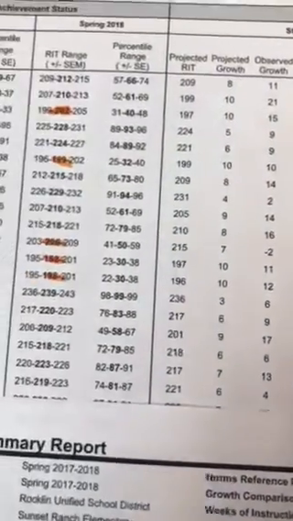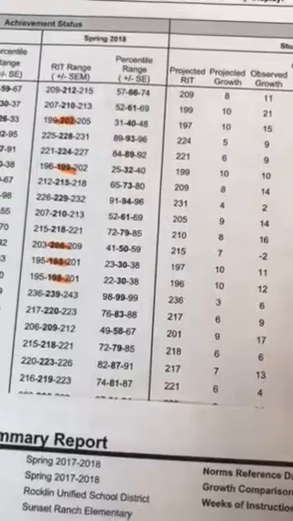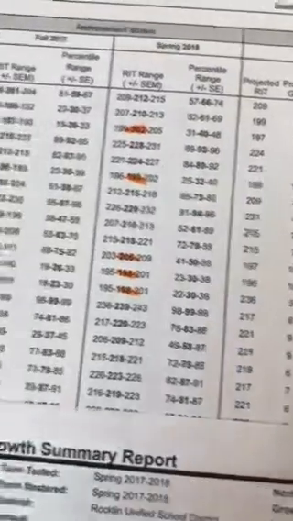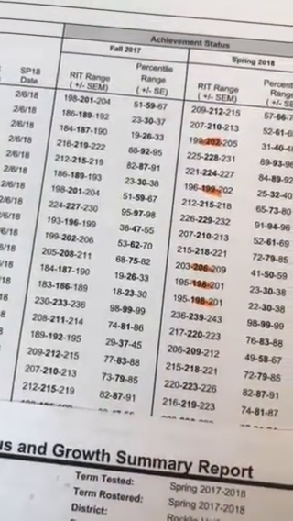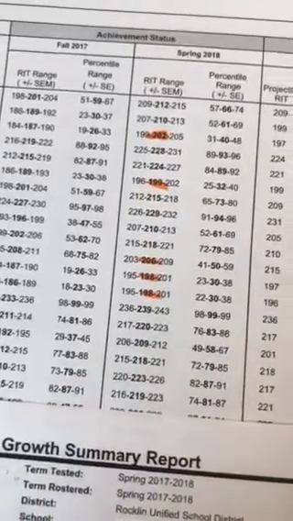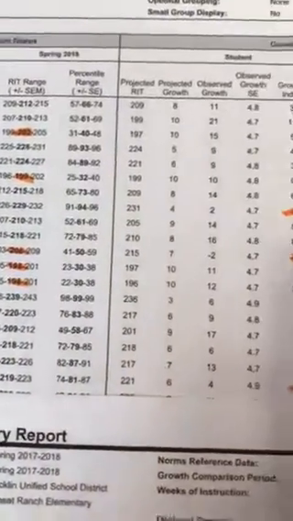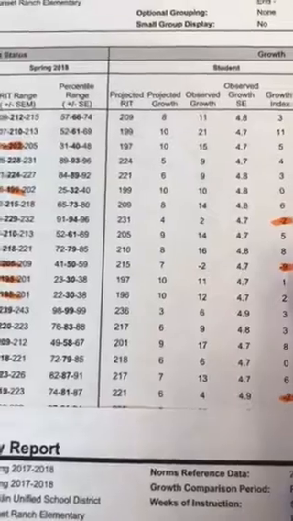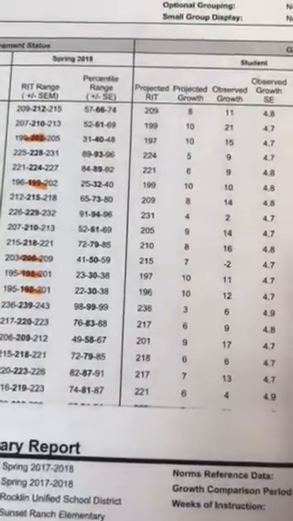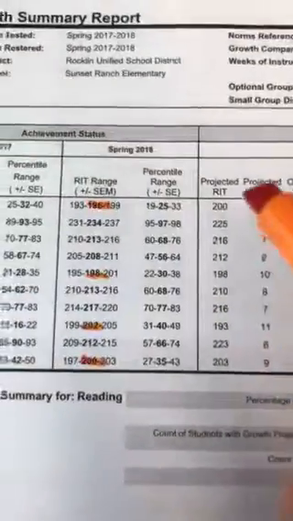Here's that -9. That student's the one reading at 206. They started the year at 208, and now they're at 206. They're kind of maintaining. So I might wonder what's going on there. Why aren't they making as much growth? Do they need more challenging material? Going on to that second page, here's an issue.